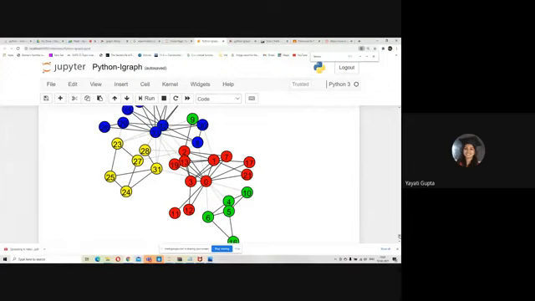Yes, so this is actually NDLIB. I'll type it in the chat window.